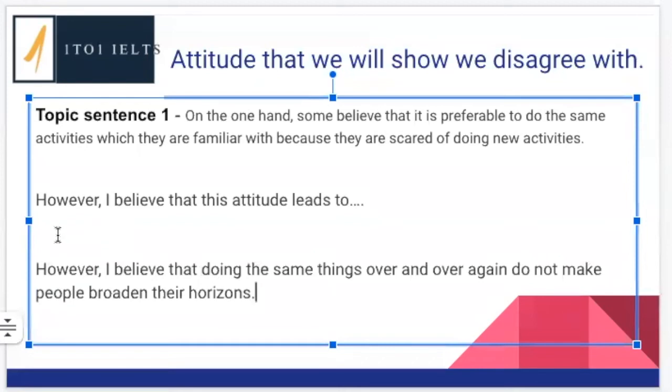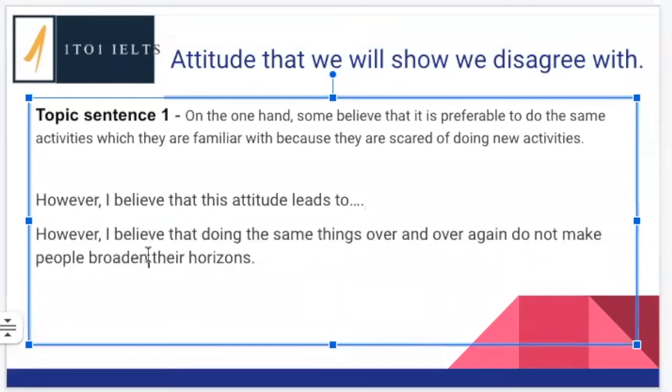Thank you very much, Nabila, for being first. So, however, I believe that doing the same things over and over do not make people broaden their horizons. Okay. So here our subject is doing the same things over and over. So is this subject singular or plural?